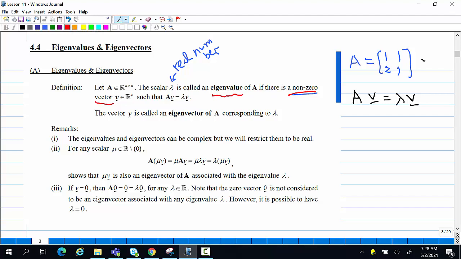The vector which is non-zero is called an eigenvector of A. They are both associated with the matrix A. So in this case, A is 2 by 2, then we expect A times V, let's say x1, x2, equal to lambda times x1, x2.